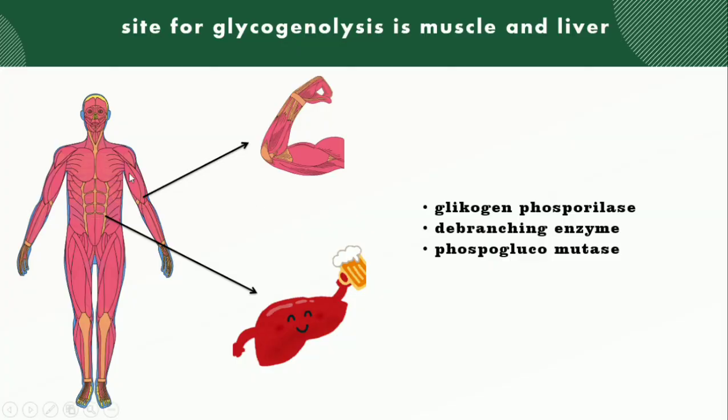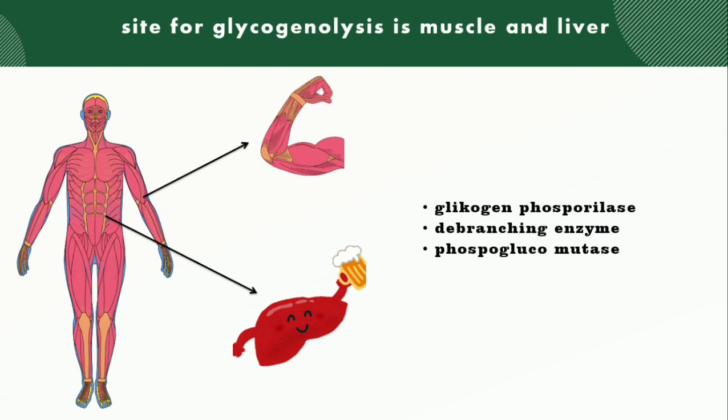The site for glycogenolysis is the muscle and the liver. So that's the answer to the first question: where does it take place? But why does it take place in the muscle and the liver? Simply because all the enzymes, like glycogen phosphorylase, debranching enzyme, and phosphoglucomutase, which are essential for glycogenolysis, are present in our liver and our muscle.